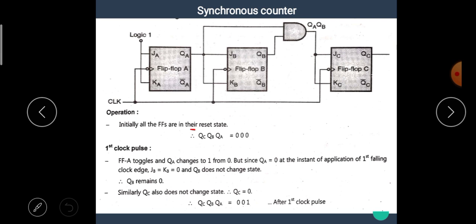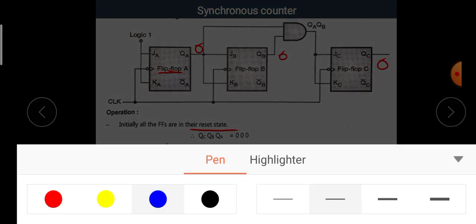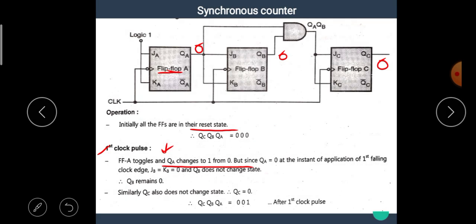Initially, all the flip-flops are in their reset condition. That means QA is 0, QB is 0 and QC is 0. Now, when the first falling edge of the clock occurs, flip-flop A toggles and QA changes from 0 to 1.